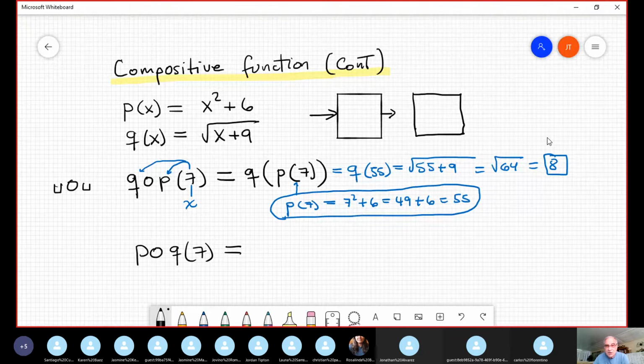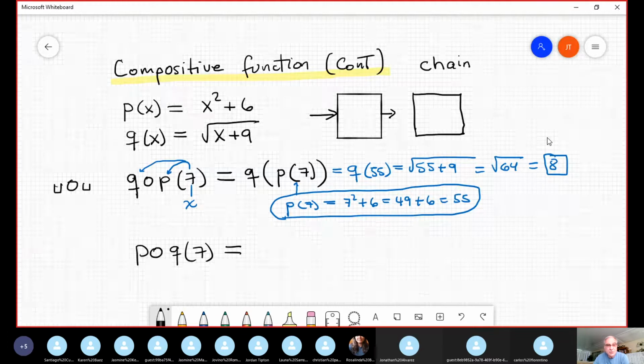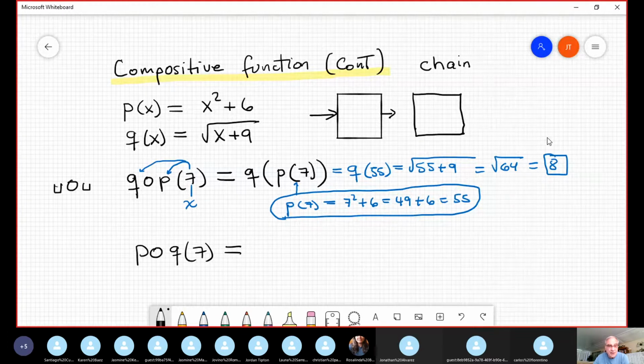And in this chain, my first function is P of x, because according to this. And the element in the domain that gets inside the first box is x equals 7.